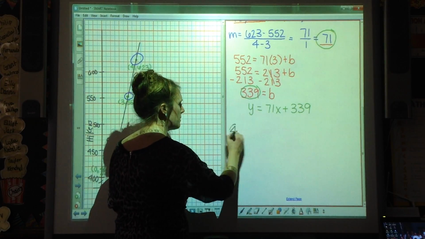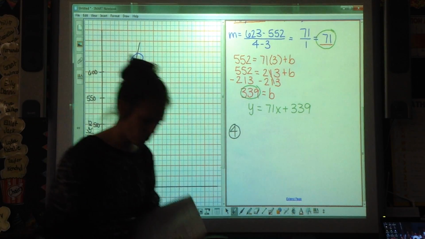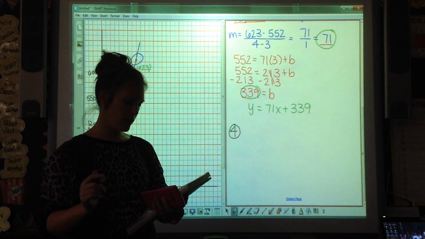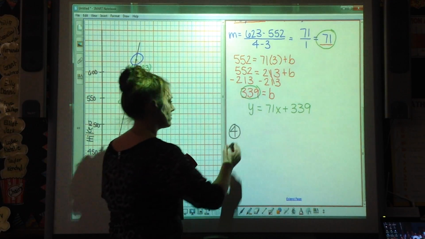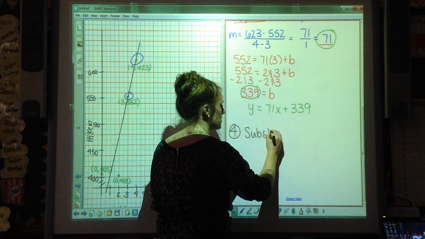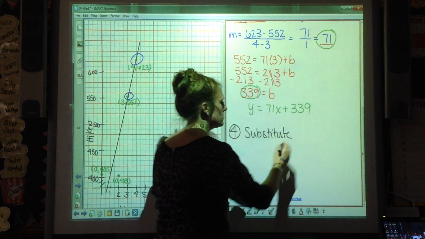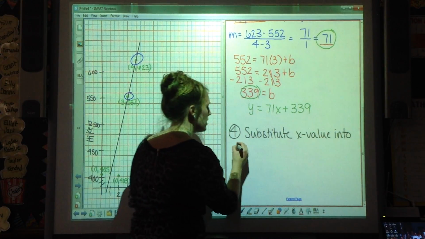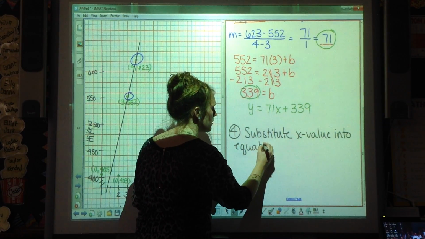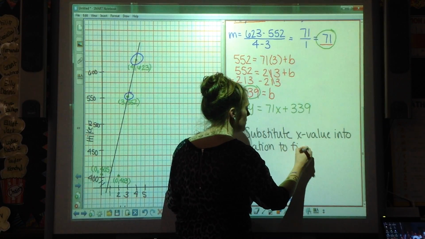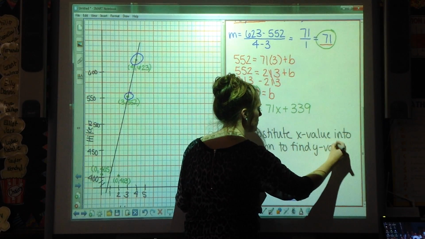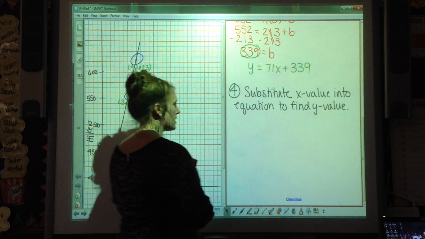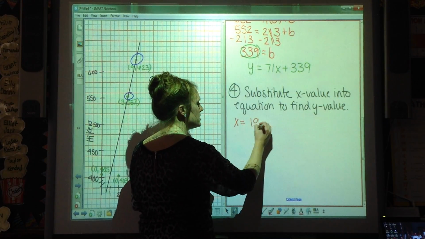I'm going to label this step so you can remember it. The last step is to substitute your x value into the equation and solve for your y value. Our x value, we said, equals 1997.